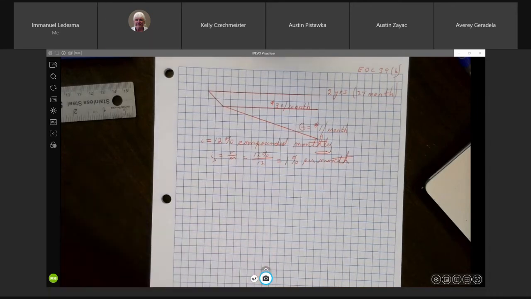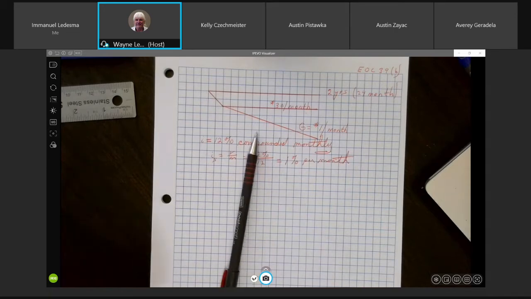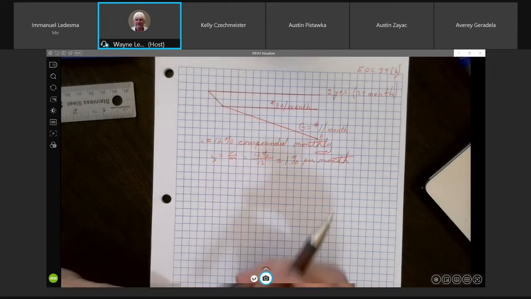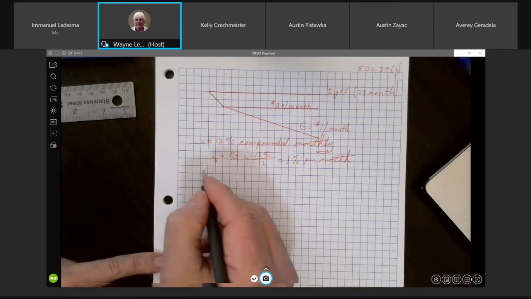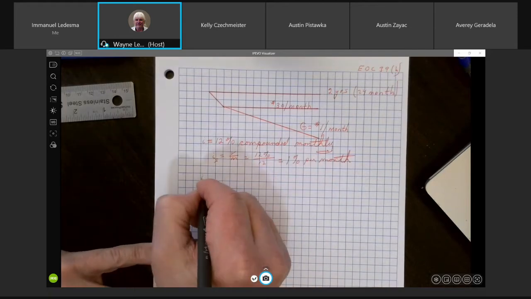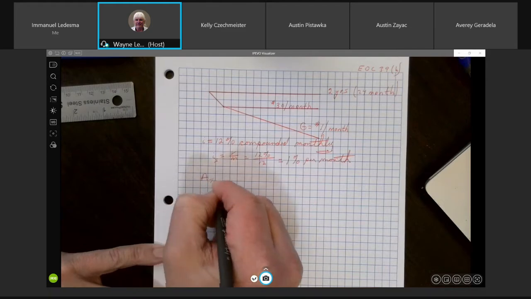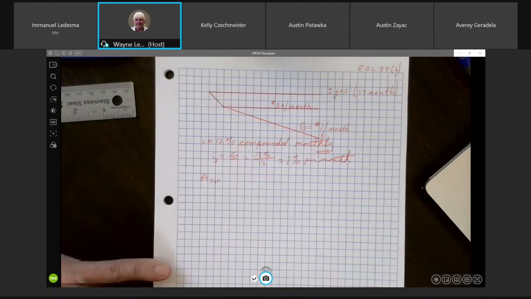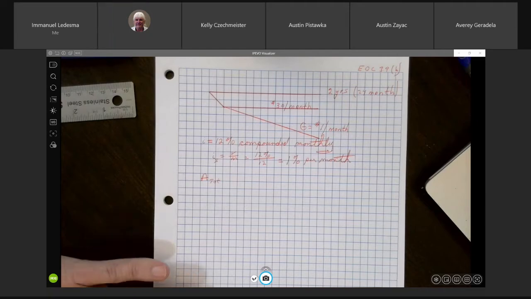So in the case of doing an arithmetic gradient, we will seek what's referred to as a total annuity. The total annuity is the base annuity plus the gradient built on top of it. So that formula, and you hopefully can recall this from the textbook, will be A_TOT, TOT standing for total. And I think that's the notation they use in the book.